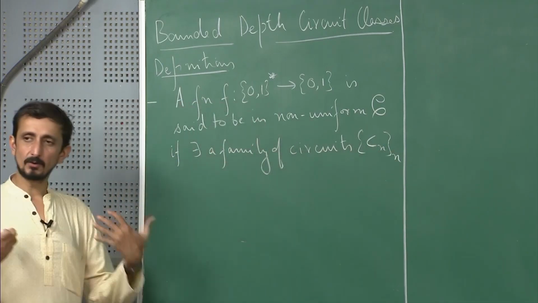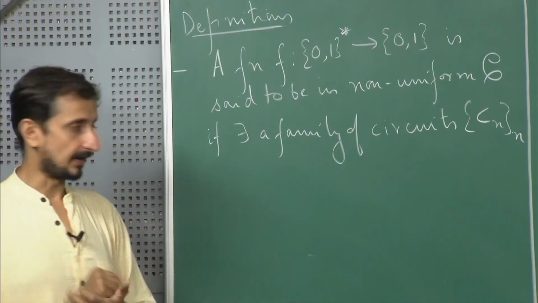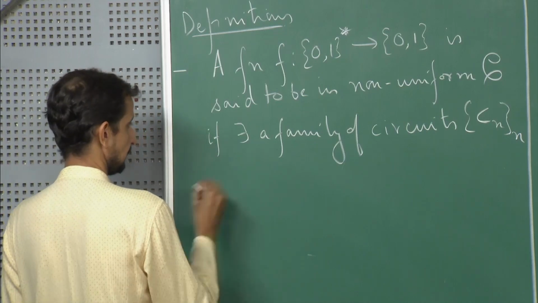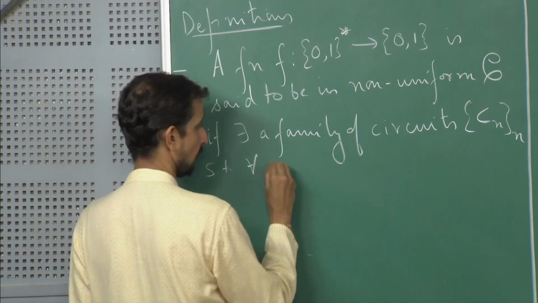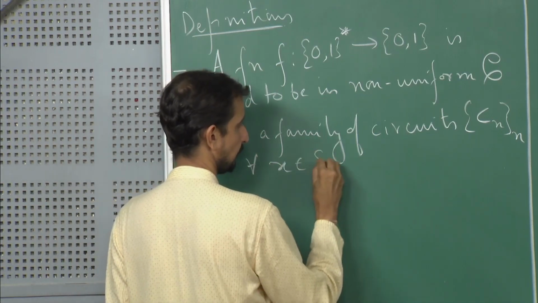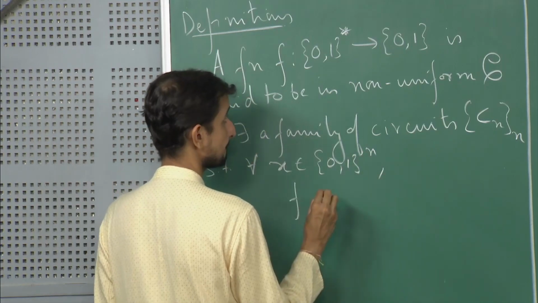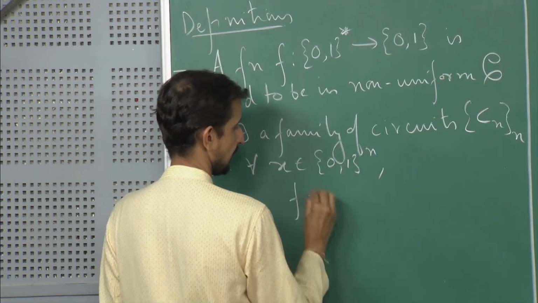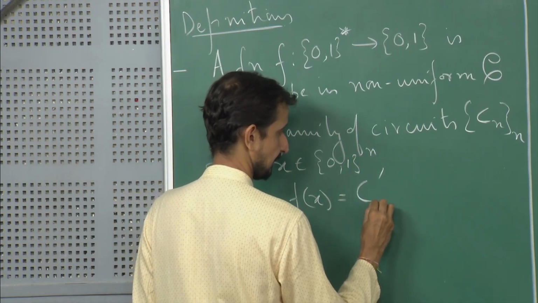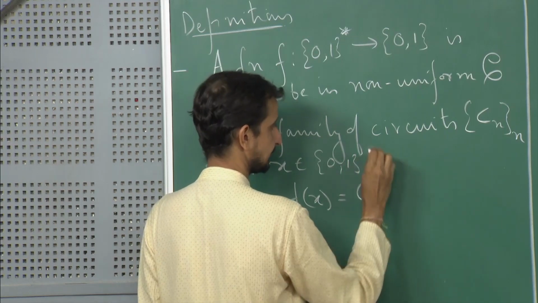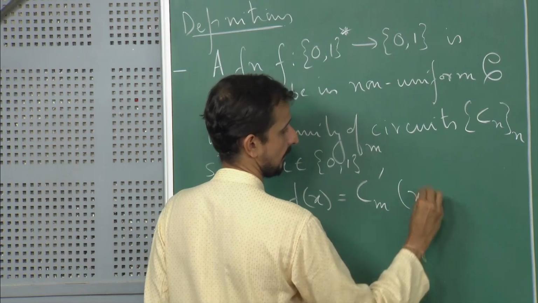By family we mean an infinite family, C1, C2, C3 and so on, such that for all x belonging to {0,1}^n, f of x equals Cn of x.